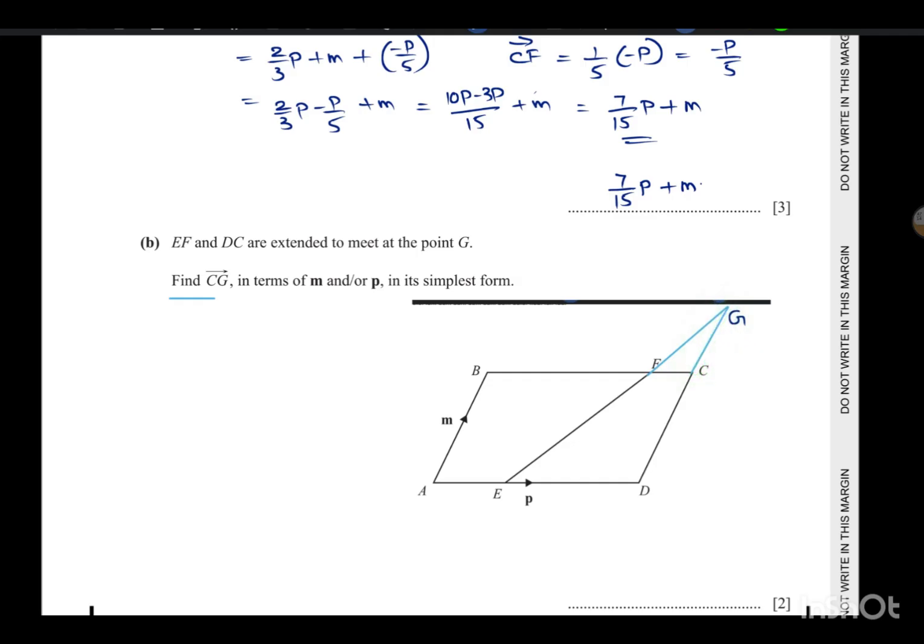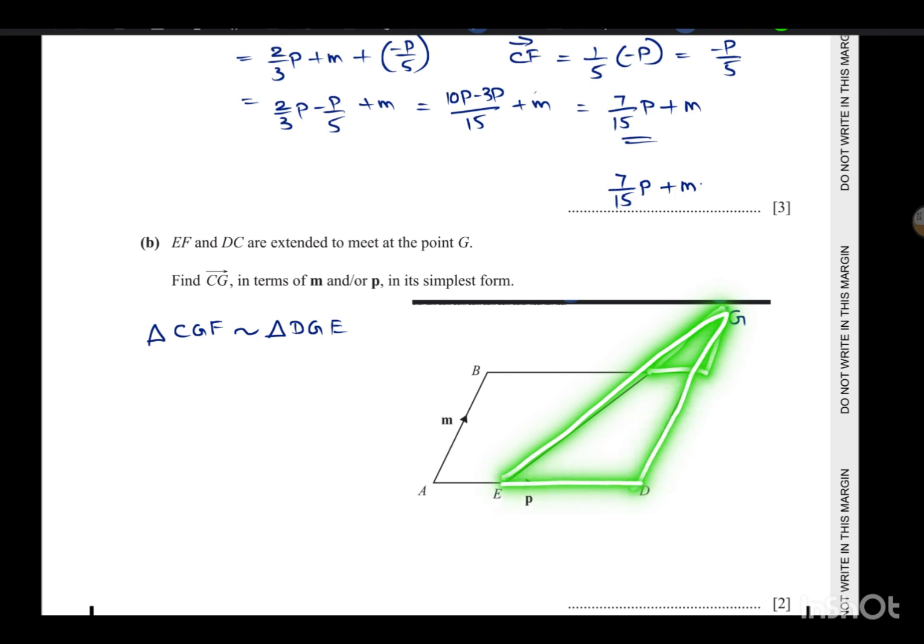So here you have to use the similarity property. These two triangles are similar. Let me show you. Triangle CGF is similar to triangle DGE. How did we get this?